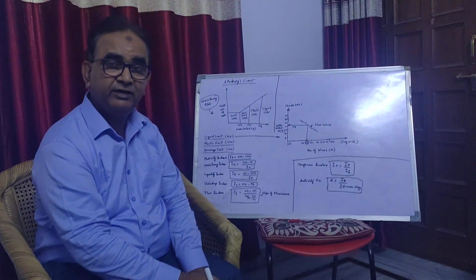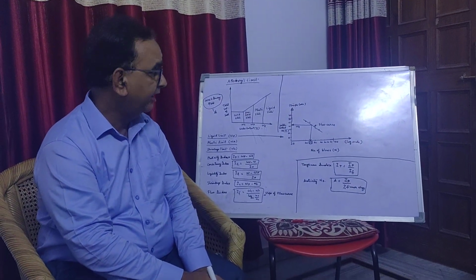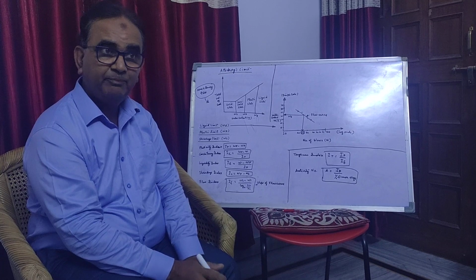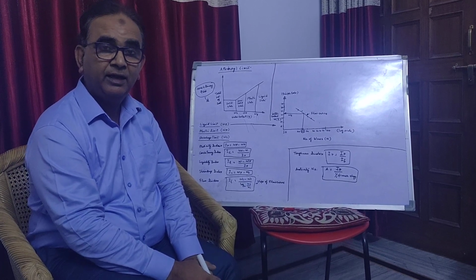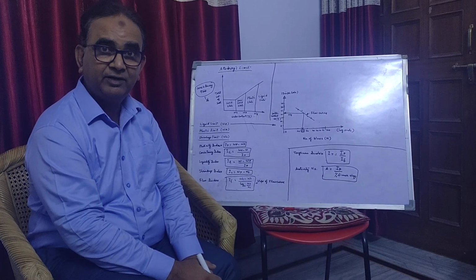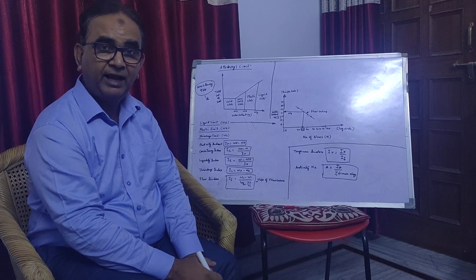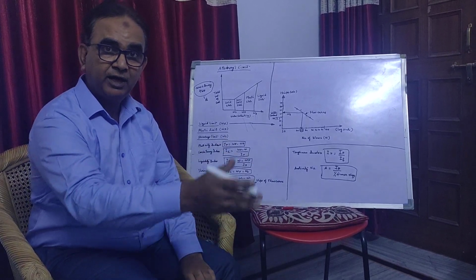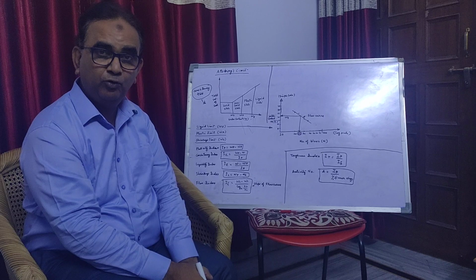Another definition is the Casagrande definition, in which we make a paste of soil in a standard Casagrande liquid limit device and make a cut with a standard grooving tool.